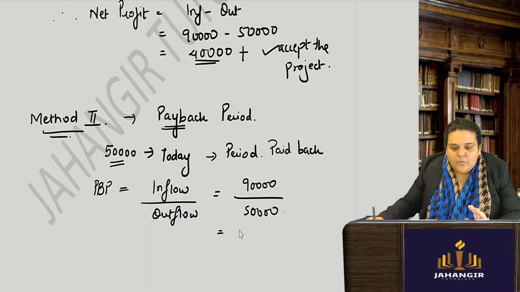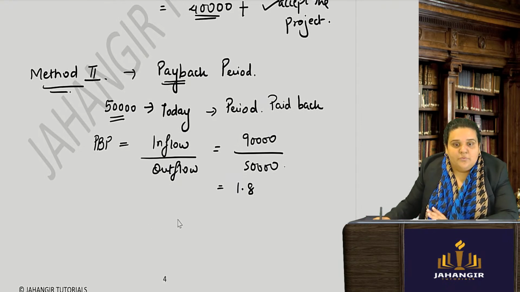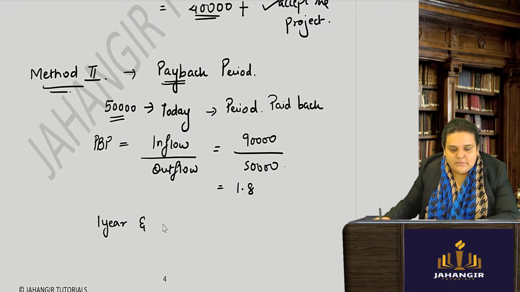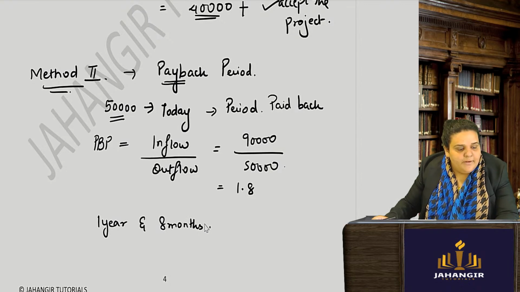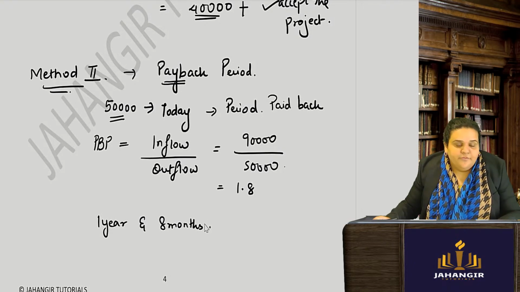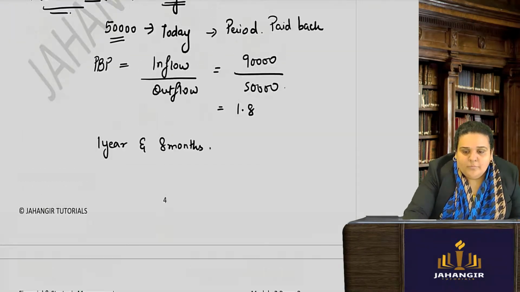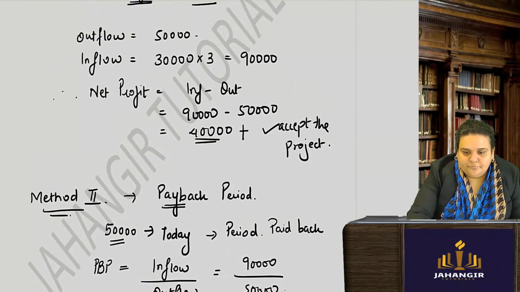This comes to 1.8. Now 1.8 means 1 year and 8 months. In 1 year and 8 months, I will be able to recover my entire 50,000.